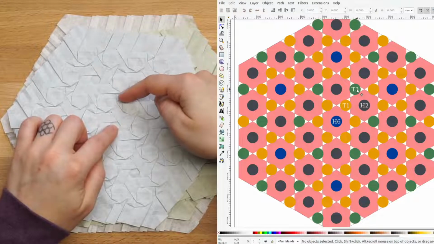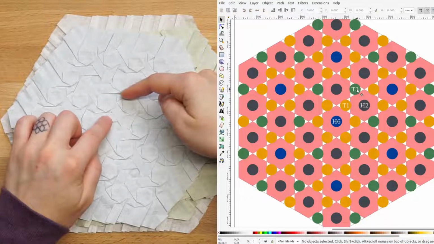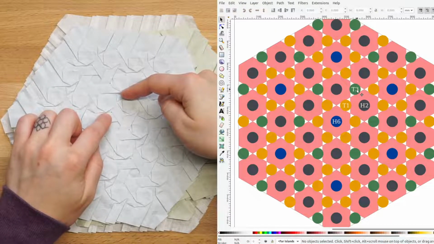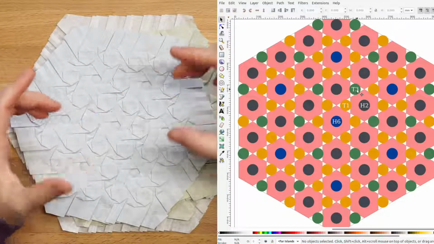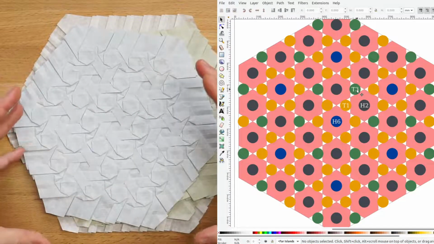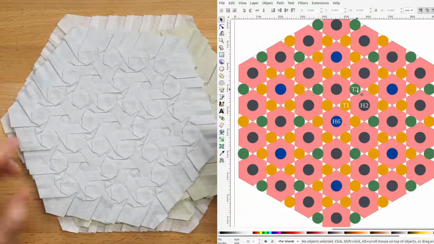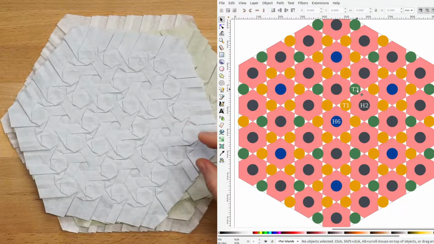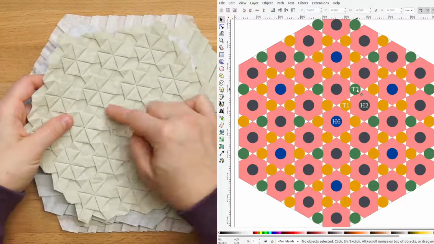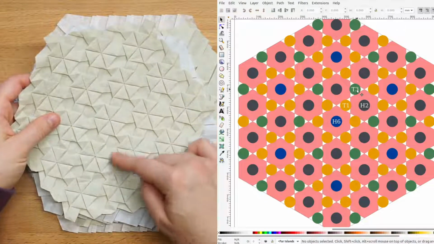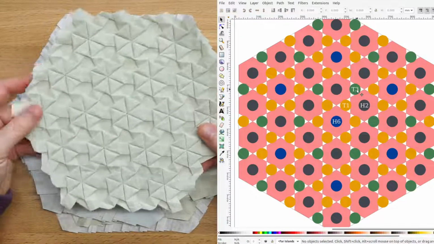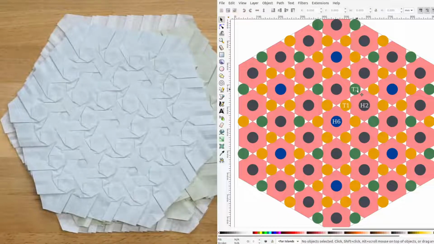So I've got this secondary triangle, closed triangle on the front, in addition to the closed triangles on the back. So this is the far island symmetry. The other one I call the islands symmetry because it creates these isolated outposts, which I think of as islands.